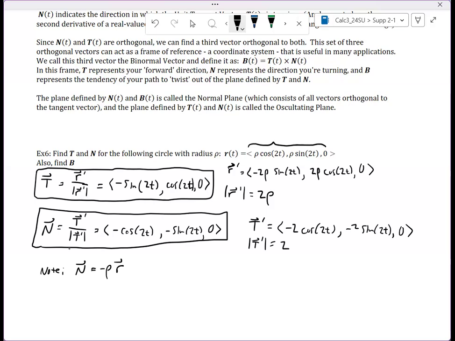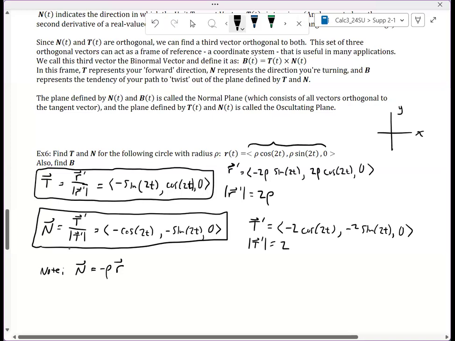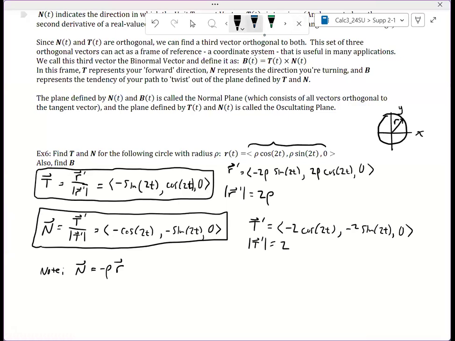If I think of my XY plane here, with the circle, my position vector r looks like this, and my unit normal vector looks like that.